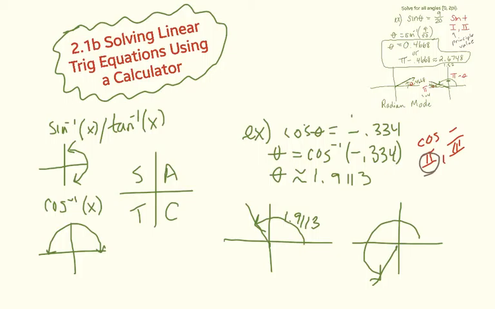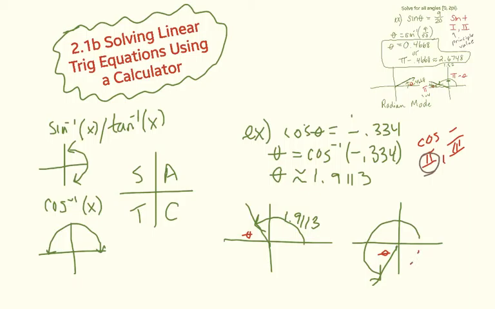The second answer we need to be a little bit more clever on, because 1.9113 is not the reference. Although these guys do have the same reference angles, that's not the fastest way to deal with a cosine problem. What is faster is for us to recognize that this 1.9113 in the positive direction gets traveled in the negative direction on my second graph.